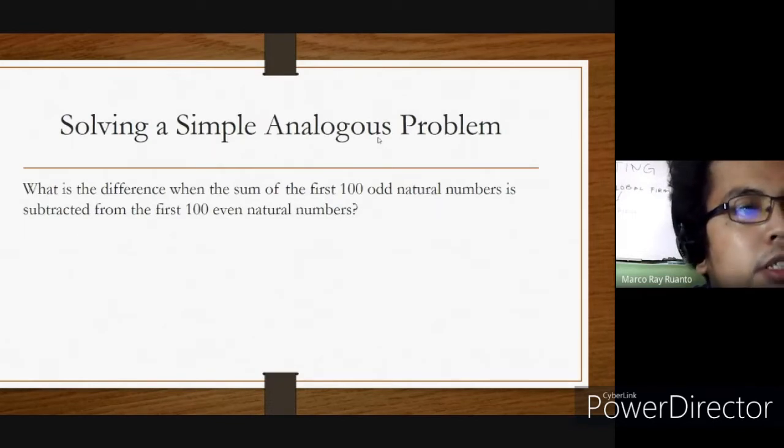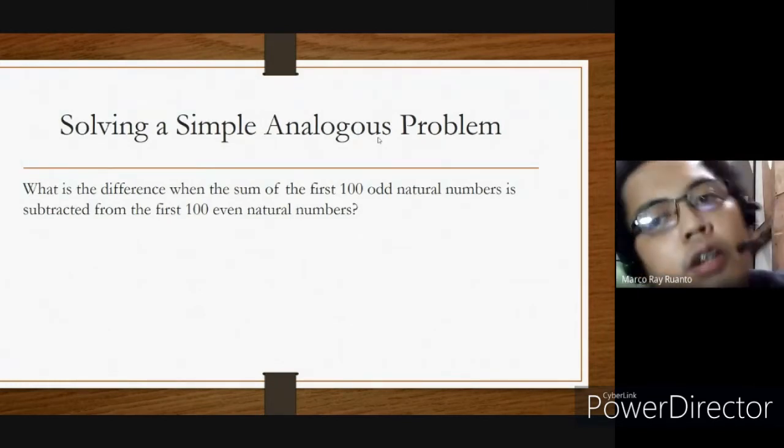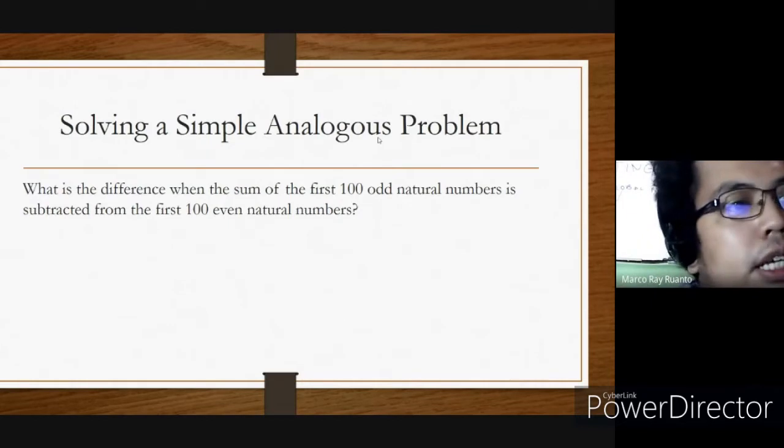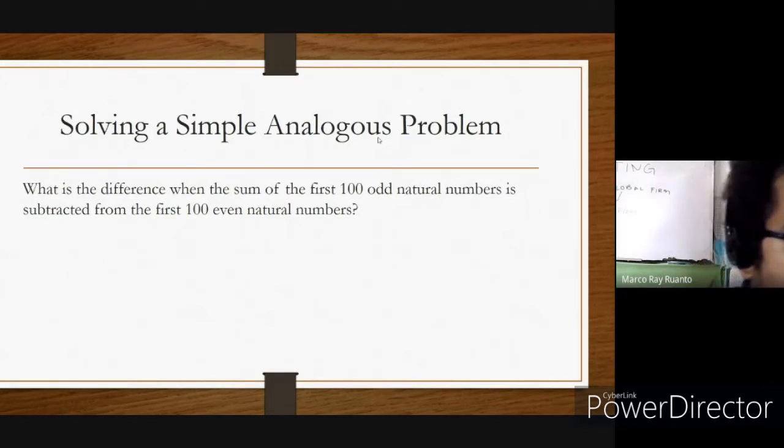Next one is solving a simple analogous problem. When you say solving a simple analogous problem, it's like you have a given bigger problem. You try to break down that problem and solve it by its smaller parts.